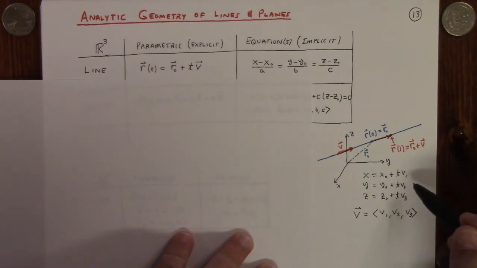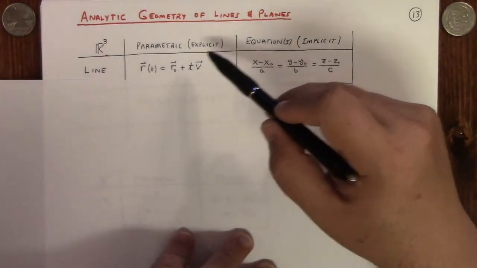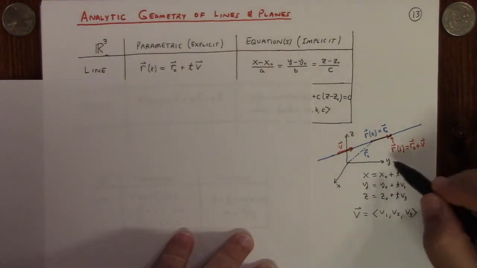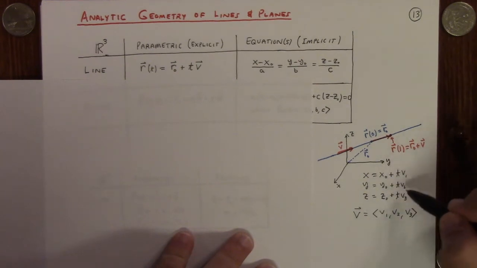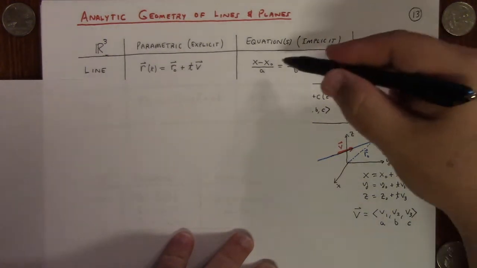These 3 equations are the parametric equations to describe the line, but I really prefer to think of it in a vector sense. So r of t is r naught plus tv. Now, if you take these parametric equations and you solve them for t, and I guess over here I've used this as being A, this as being B, this being C for this side.